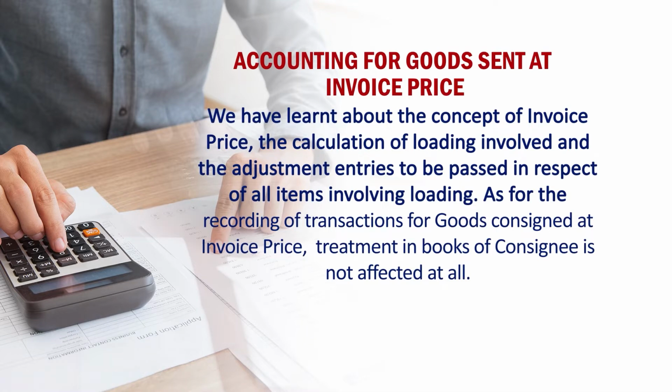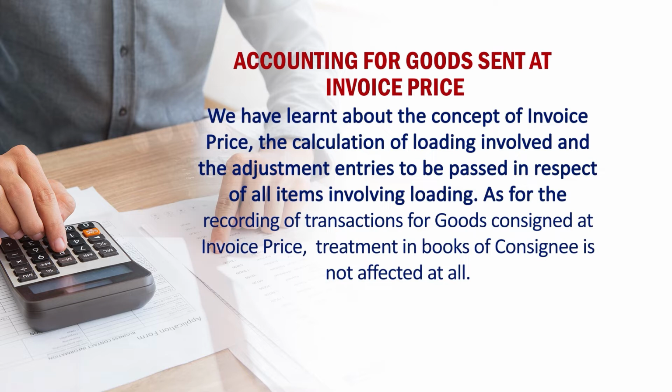Dear learners, we have learned about the concept of invoice price, the calculation of loading involved, and the adjustment entries to be passed in respect of all the 4 items, that is opening stock, goods sent on consignment, goods returned by the consignee, and the closing stock.